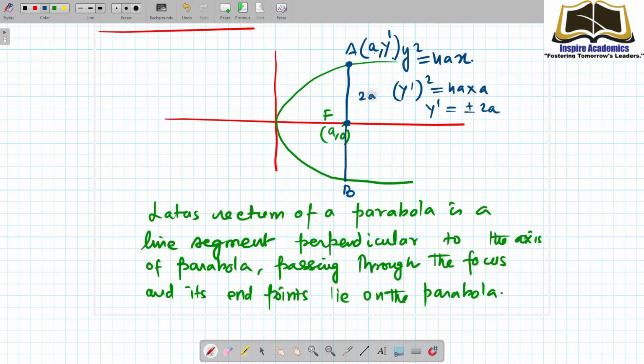That means this is 2a and obviously minus 2a would be here. So we can write A as a comma 2a. Overall, the length of latus rectum AB is 2a plus 2a, which is 4a.